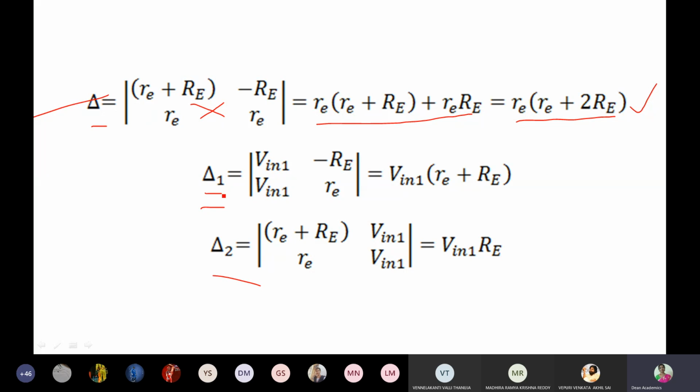Similarly, delta 1 you expand, just cross multiply, and you will get Vin1 into small re plus RE. And delta 2, you just cross multiply, Vin1 into small re plus RE minus Vin1 into RE. Those two terms will get cancelled and you will get Vin1 RE.